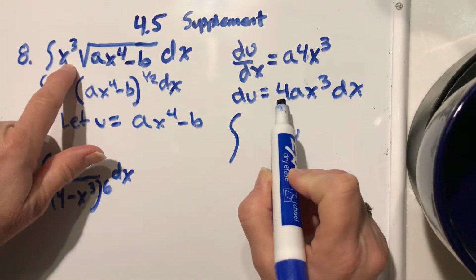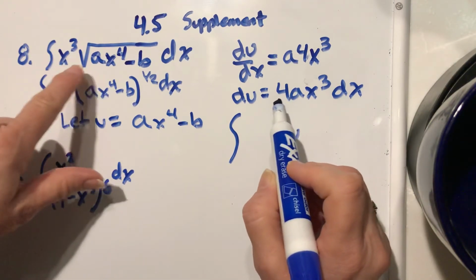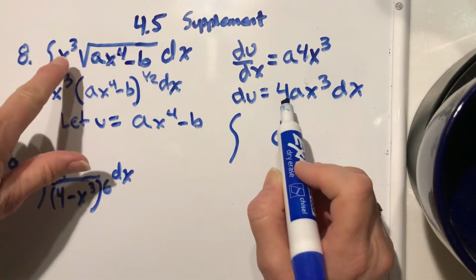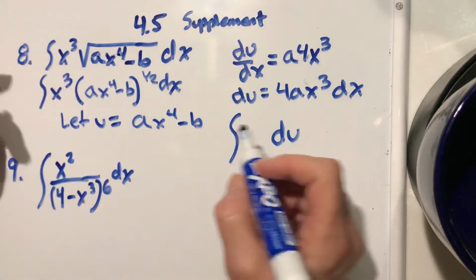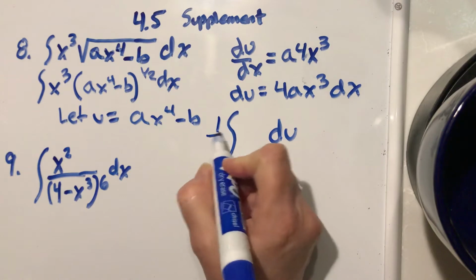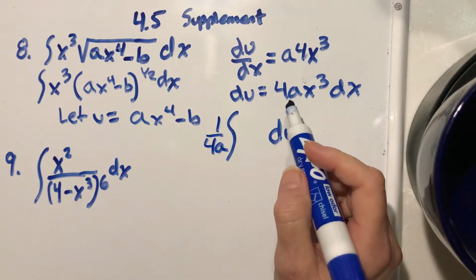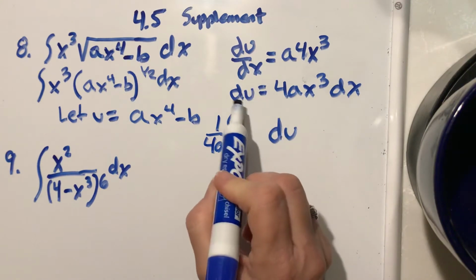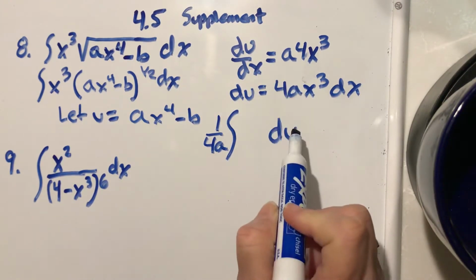So we have the dx, we have the x cubed, but right here we've got this 4 and this a. We don't see a 4a out here, right? So we're going to have to multiply it by the reciprocal to get rid of that 4a. So if we multiply du by 1 over 4a and we do this over here, that'll get rid of it.